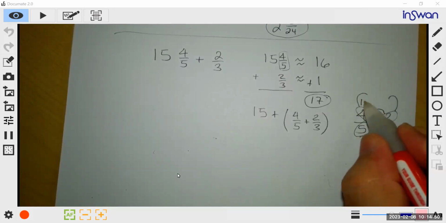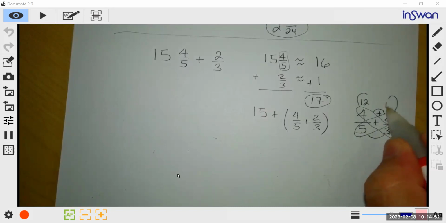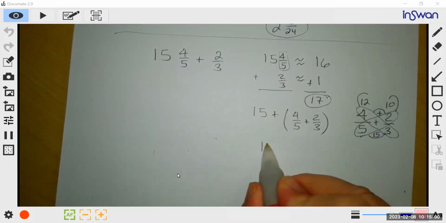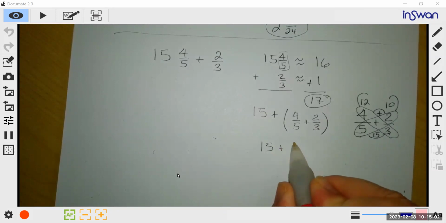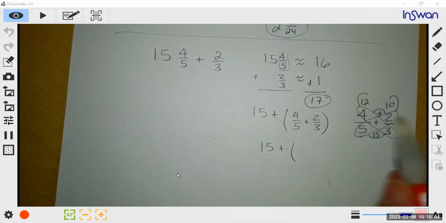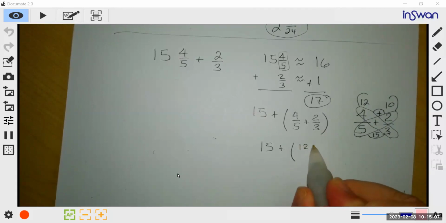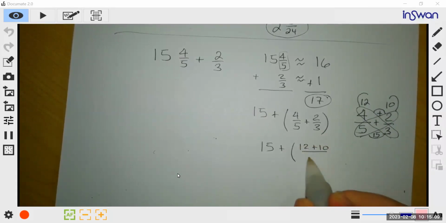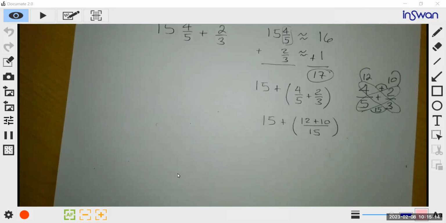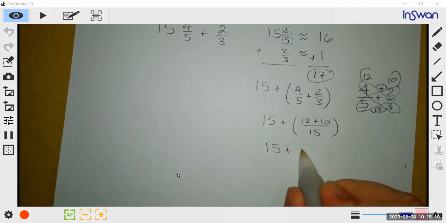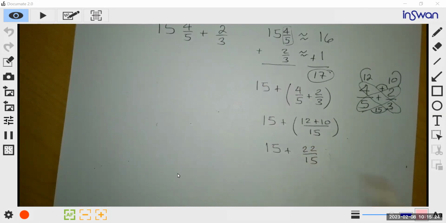So 3 times 4 is 12. 5 times 2 is 10. 5 times 3 is 15. So we have 12 plus 10 over 15, 22 over 15.